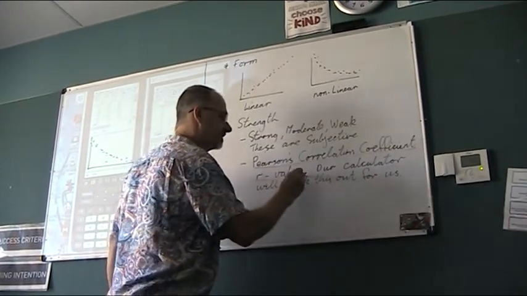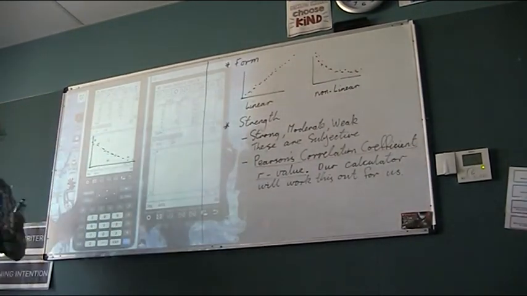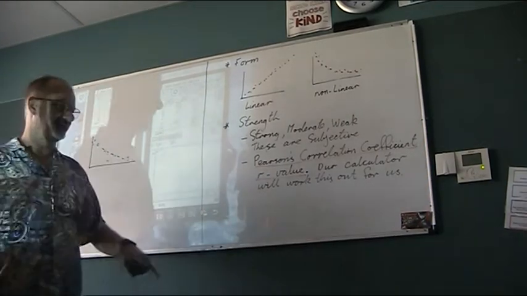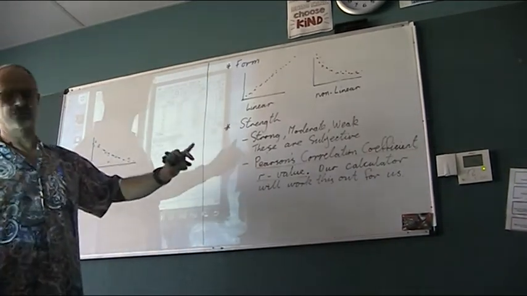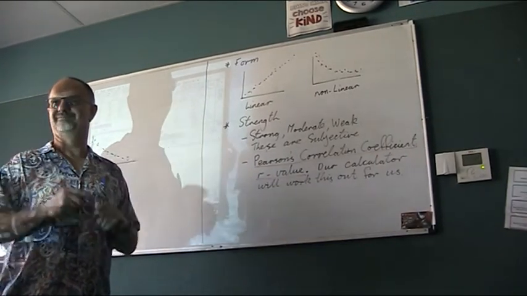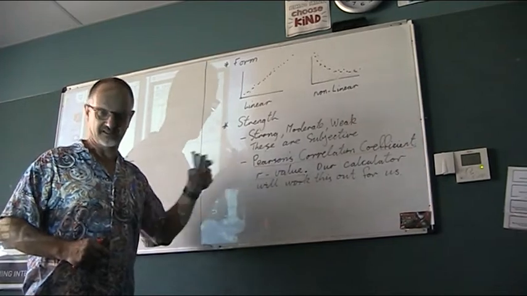Two key things: Pearson's correlation coefficient and the R value. It happens every year that we get down the track a little bit, and someone will read a question about Pearson's correlation coefficient and ask, what is it? And I say, oh, it's just the R. Those two things are the same.